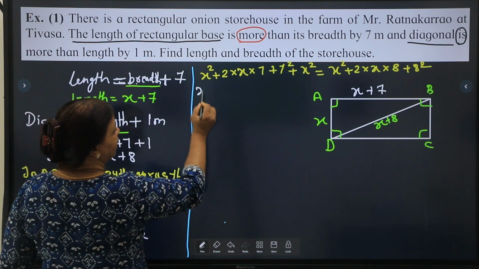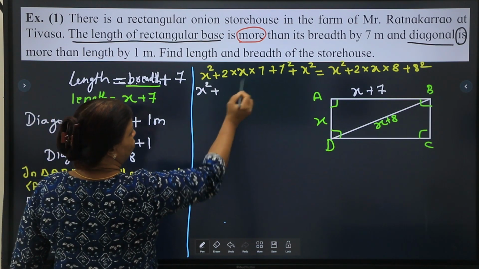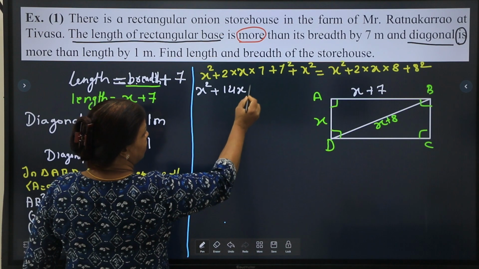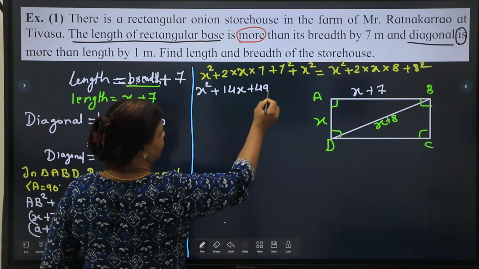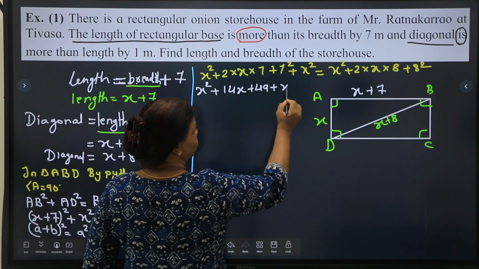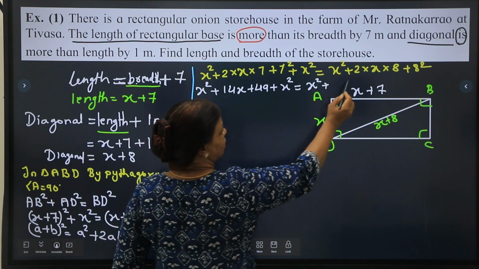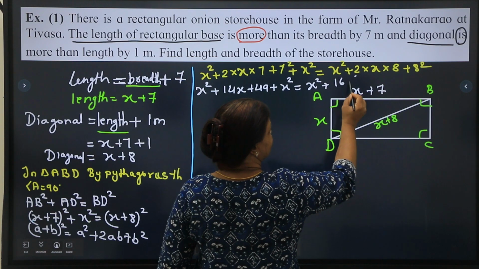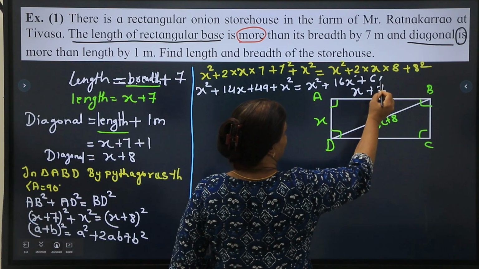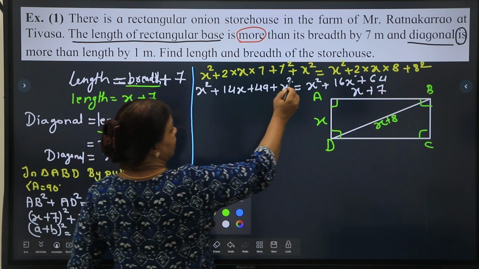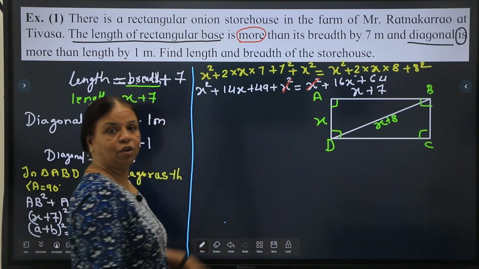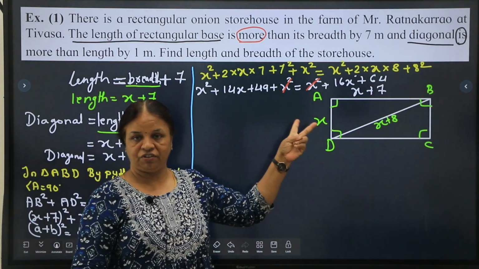Now what will we get? x square plus 2 sevens are 14x plus 49 plus x square is equal to x square plus 2 eights are 16x plus 64. Now, children, here this x square and this x square will get cancelled because both are on opposite sides of the equal sign.